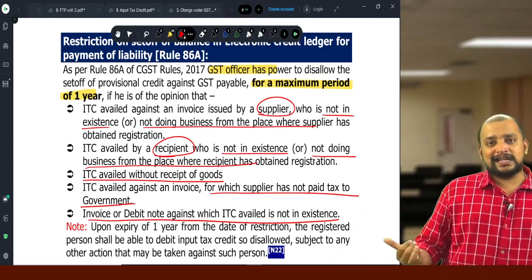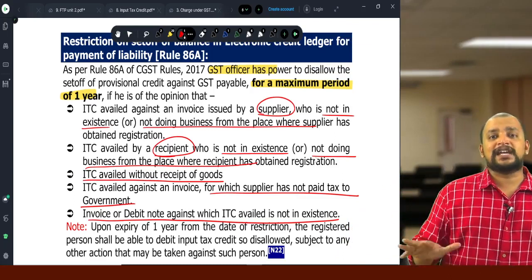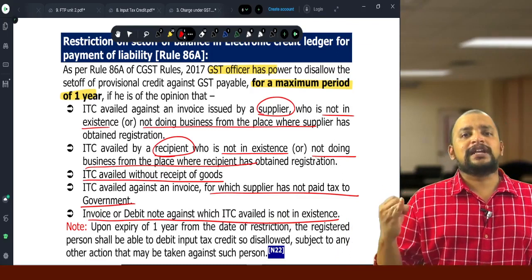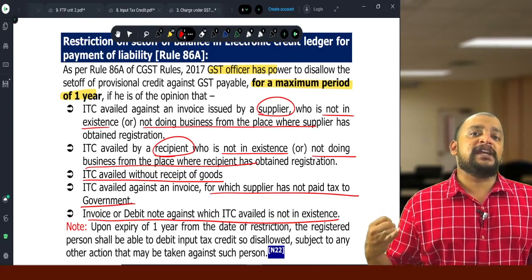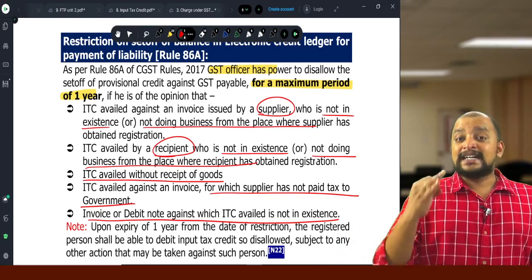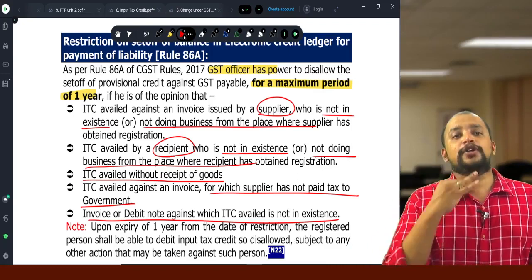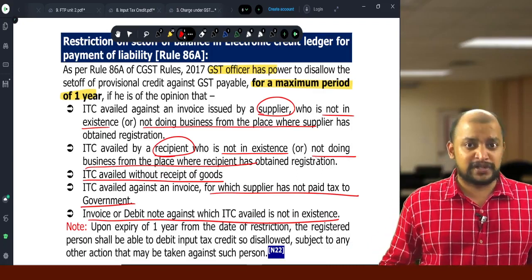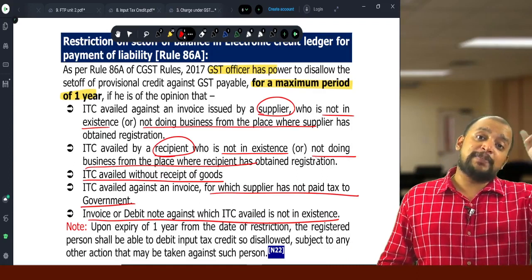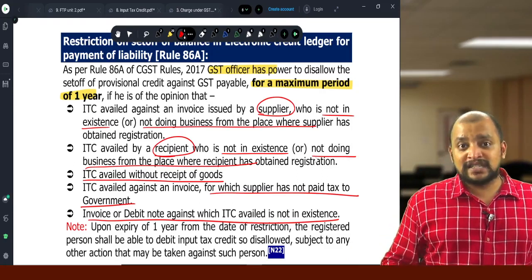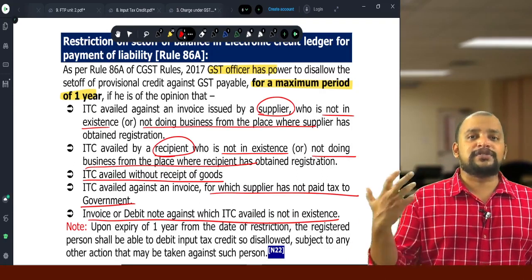So, in these 5 cases, what are the 5 cases? Supplier is not in existence or not doing business from the place where they have obtained registration. Recipient is not in existence or not doing business from the place where they have obtained registration. Supplier has not paid the tax, or invoice is missing, or ITC availed without receipt of goods.